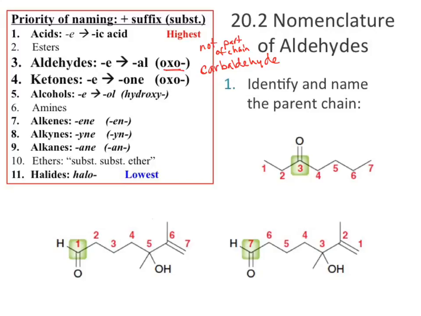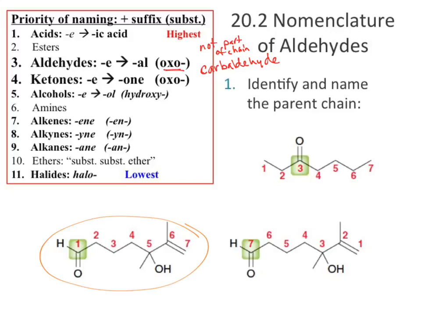We'll name it based off of the aldehyde's priority. So your aldehydes will always be at position number 1, which is also nice because now we don't have to specify that they're at position number 1. The exception is if we had a dialdehyde, because then we'd have one at the beginning and one at the end. So the correct numbering is here.